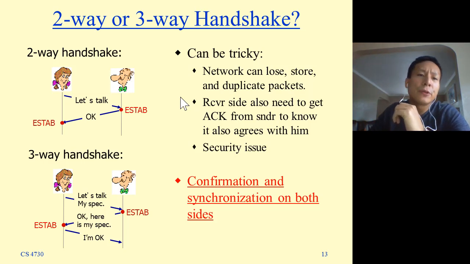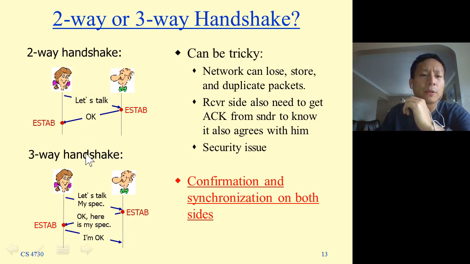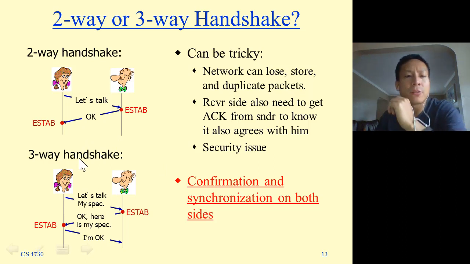So either you can do it, for example, on the top, you can see we can do it as a two-way handshake, which is quite common, quite natural and straightforward, right? Or you can do three ways. I mean, at the end, you add one more confirmation at the bottom, so you can see. So which way shall we do? The two-way handshake or the three-way handshake?